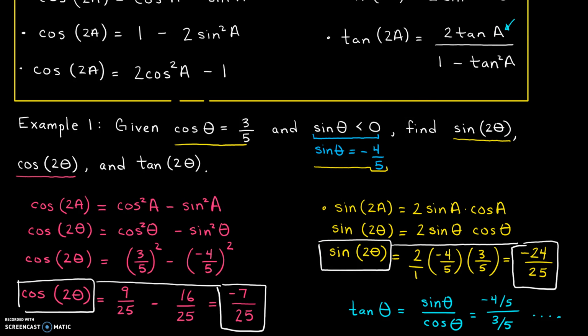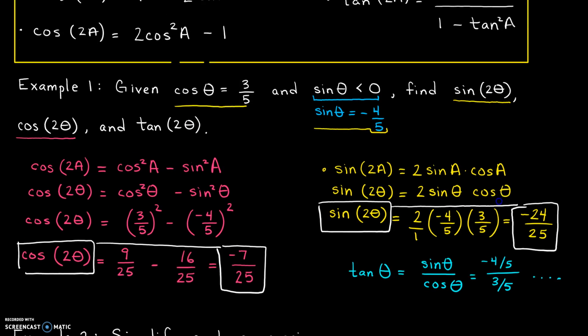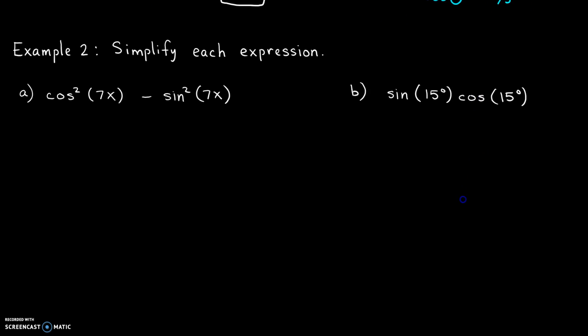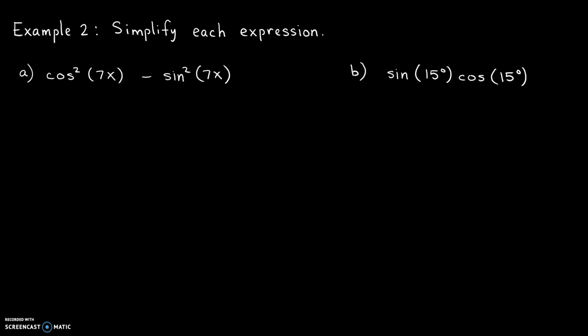Okay, so let's go ahead and look at the other example, because this is kind of what I wanted to get to. So example 2, we have to simplify each expression. So again, they give us cosine squared 7x minus sine squared 7x, and so I need to kind of clean this up. And so hopefully this looks familiar.